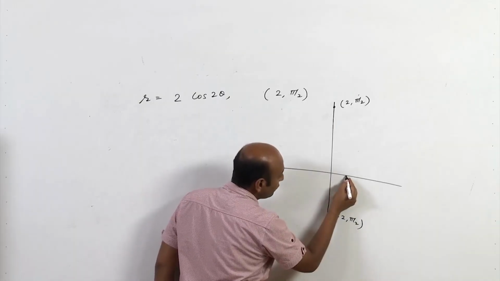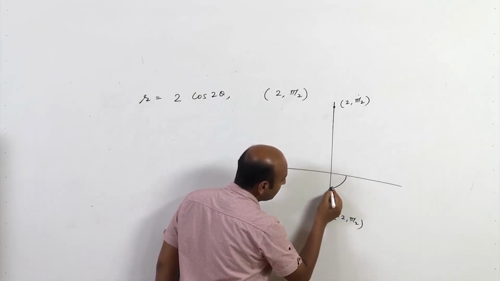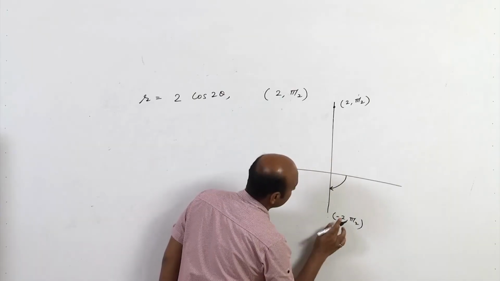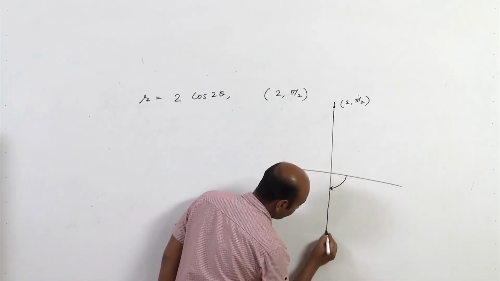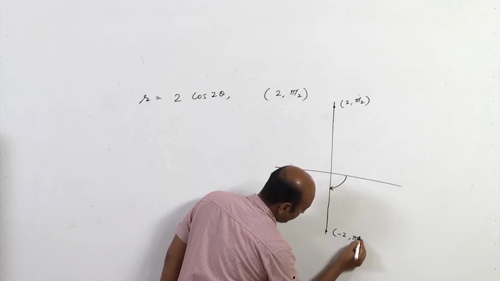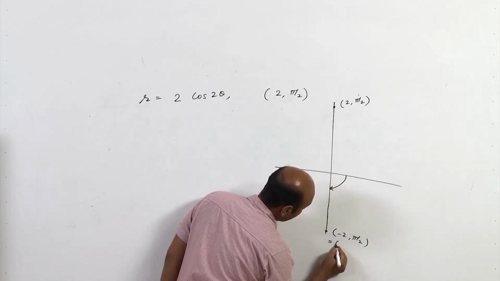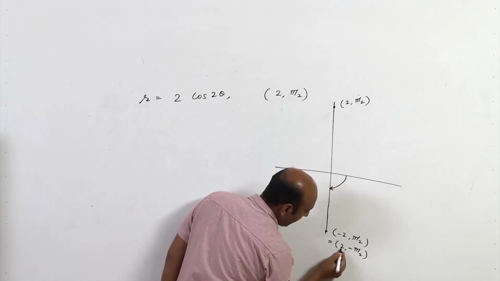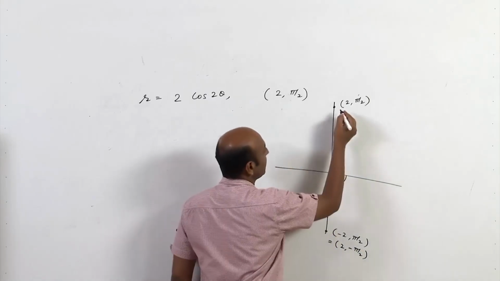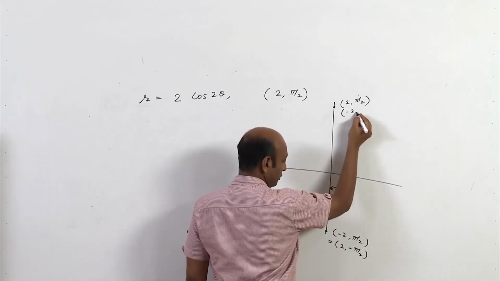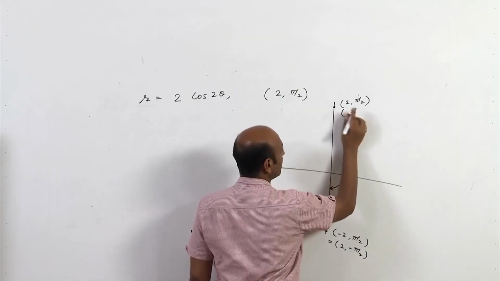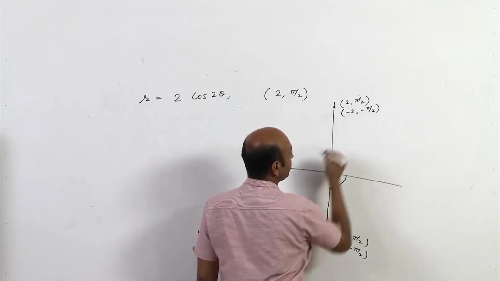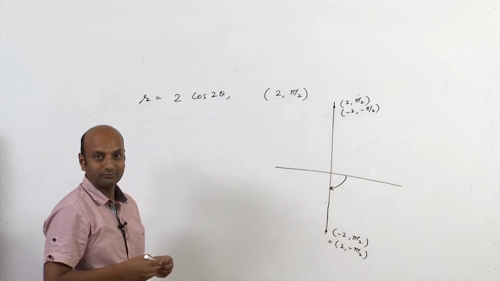Now, if we come to this point from this side in clockwise direction, it will be (2, minus pi by 2), and the representation of this point on this side will be (minus 2, minus pi by 2).